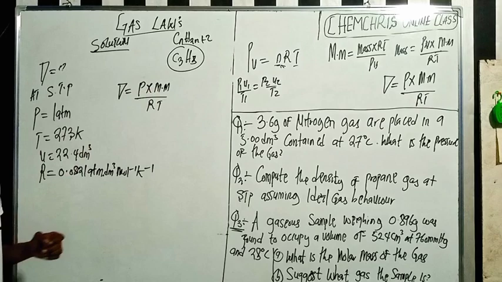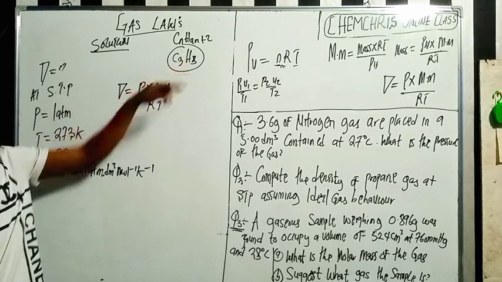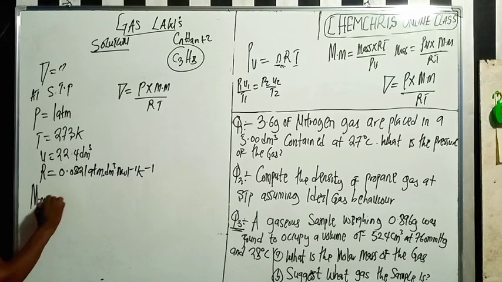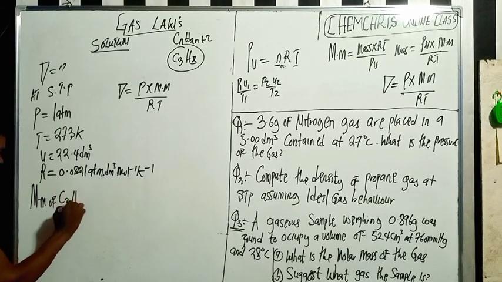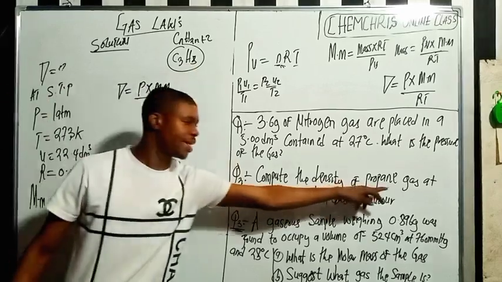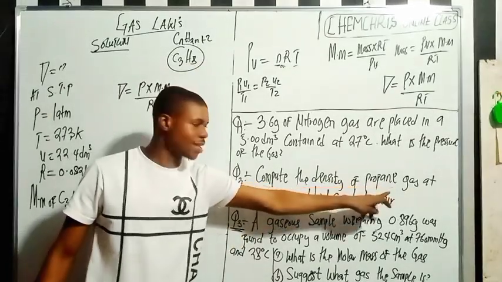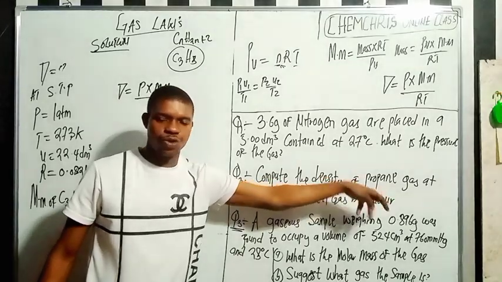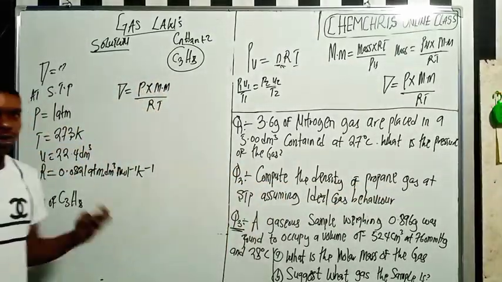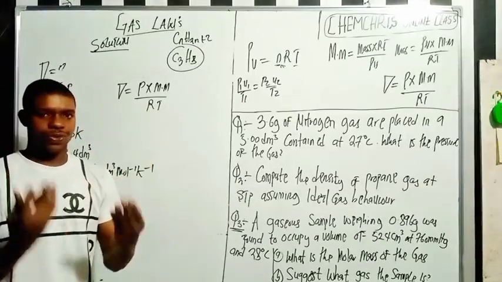Now, what is molar mass? We need to calculate the molar mass of C3H8. Remember, they just say propane, and the molecular formula is not given to you. You have to find it yourself. That is why as a chemistry student you need to think and know what you are doing.